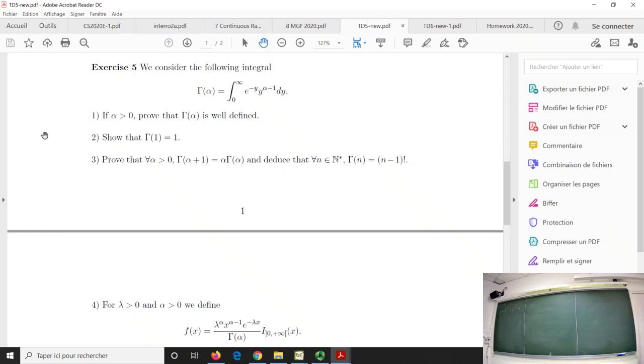In fact, if I impose a condition on alpha, and the condition we have seen together is that alpha has to be strictly greater than 0, okay? So gamma of alpha is finite. Alpha is strictly positive. It means that I have the right to consider this integral when alpha is strictly positive.